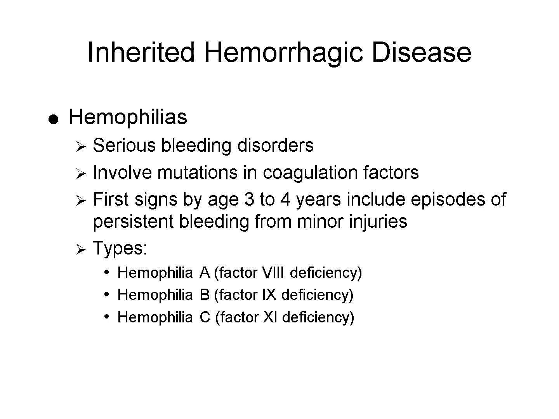The three main types include Hemophilia A, caused by factor VIII deficiency, Hemophilia B, resulting from factor IX deficiency, and Hemophilia C, which is due to a deficiency in factor XI. Management often requires lifelong replacement therapy with the missing clotting factor.